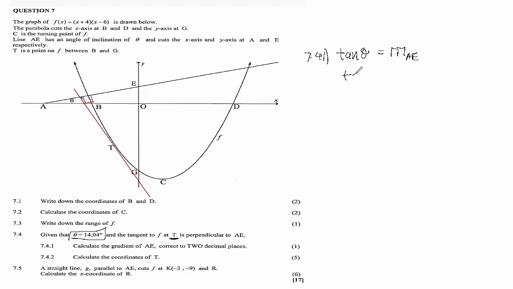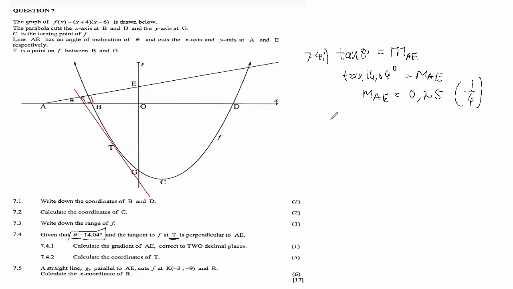Our theta there is 14.04 degrees. When we punch that into our calculator, we find that our gradient for AE is 0.25, which can be written in fraction form as 1/4. So that's 0.25 or 1/4.